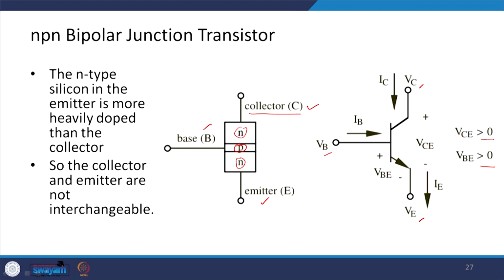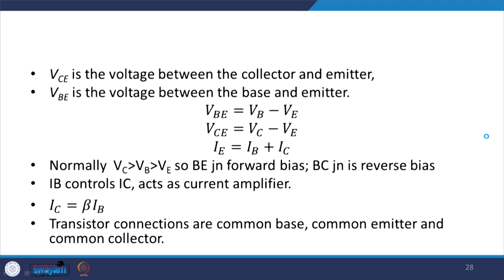VCE is the voltage between the collector and emitter, and VBE is the voltage between the base and emitter. So, VBE is VB minus VE, VCE is VC minus VE, and IE is IB plus IC. Normally, VC is greater than VB and greater than VE. So, we can see that the BE junction is forward biased and the BC junction is reverse biased.